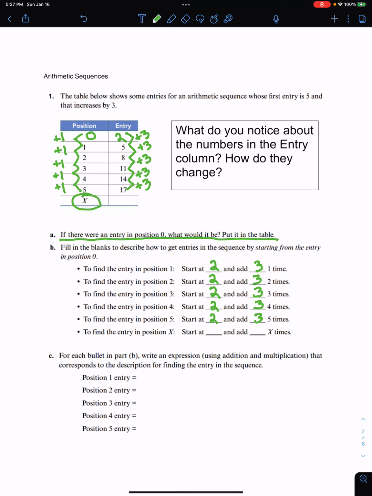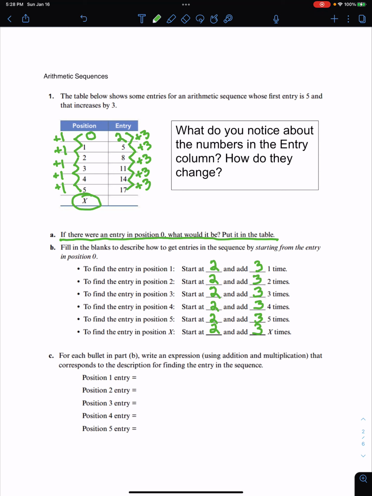We're going to go for position X. So we're going to start at 2 and we're going to add 3 X times. So now we're building up to something here. So let's see what we get for part C of our problem.